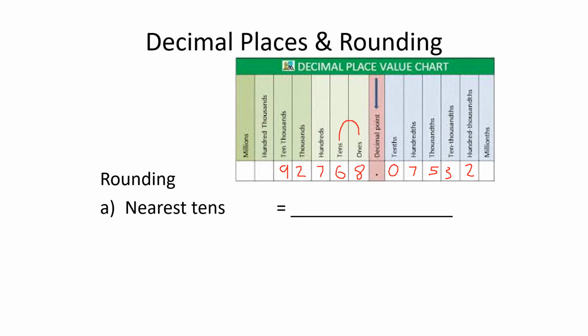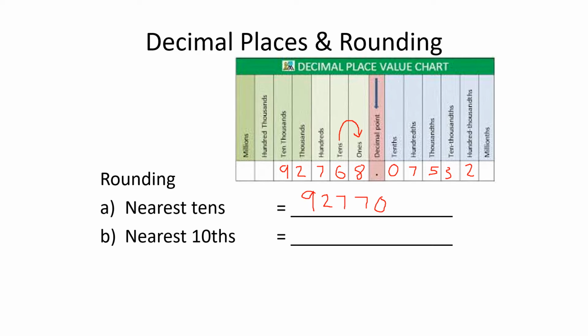You look to the right, and it's an 8. So what happens to the 6? It goes up, right? So you document the number as 9, 2, 7, 7, 0. That's it. Round it to the nearest tenths. 68 is closer to 70 than it is to 60, right? Everyone agrees? 68 is way closer to 70 than it is to 60.